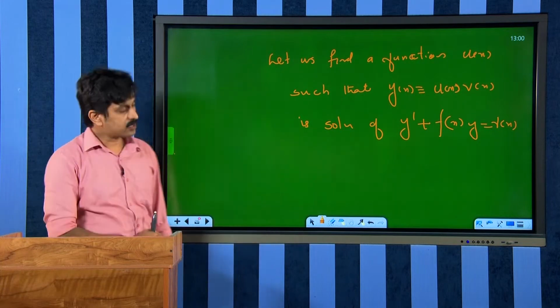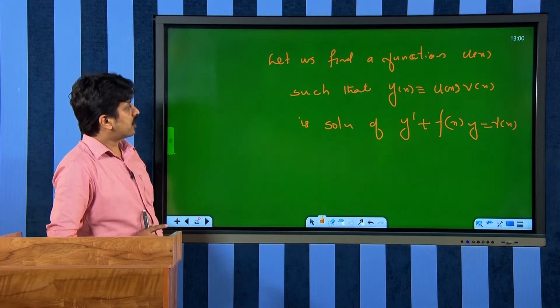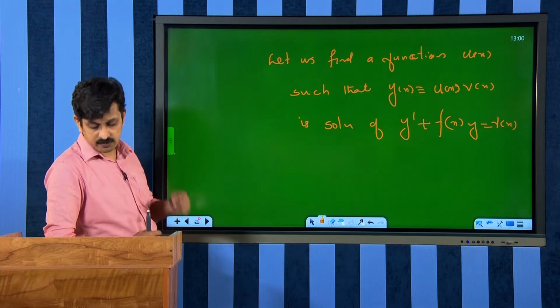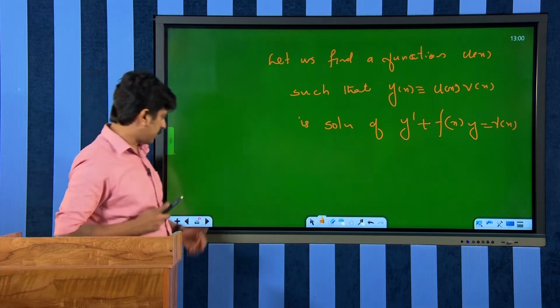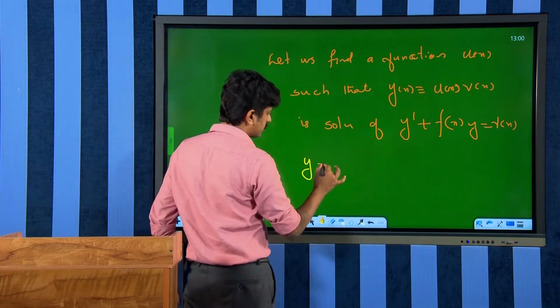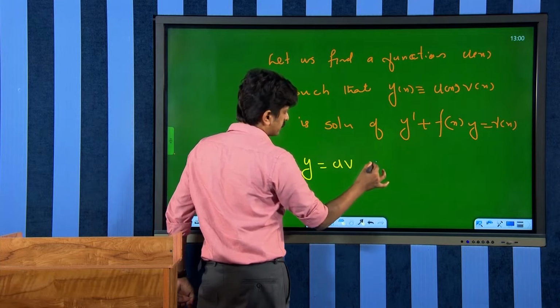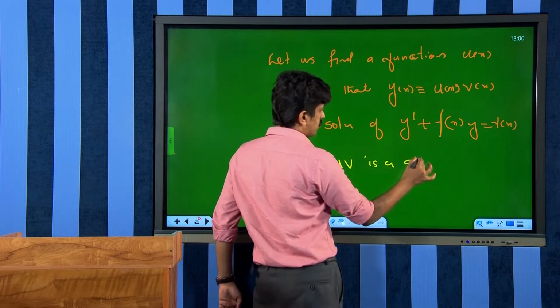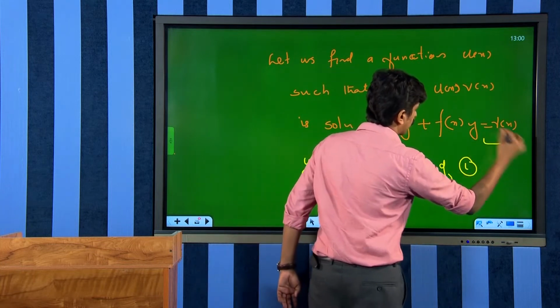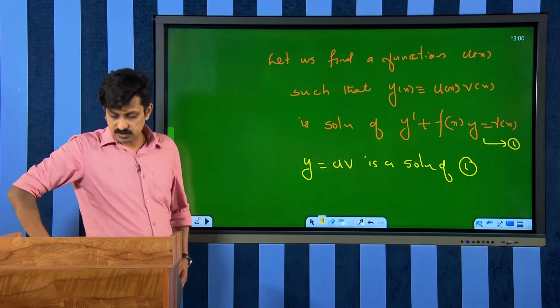Our thought is how we can find this, so I take y is equal to uv as a solution of 1.